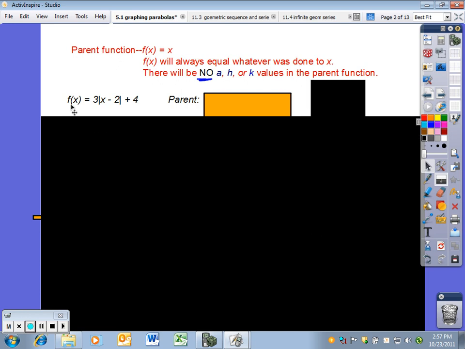My function is 3 times the absolute value of x minus 2 plus 4. This is one we did in chapter 2. So when we look at that, we're going to take away the a, the h, and the k. So all that would be left for a parent function is f of x equals the absolute value of x.